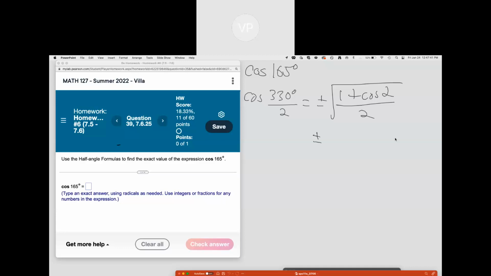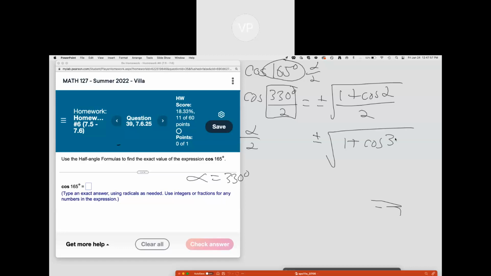Okay? So keep in mind, this whole thing is alpha over 2. This thing is alpha over 2. Therefore, my alpha equals the 330. So when I'm using this problem right here, I have to first figure out what the plus or minus is, but I'm just going to jump ahead and say it's 330 that I'm plugging into this formula. Okay, now I got to figure out where, if I'm doing the plus or minus.